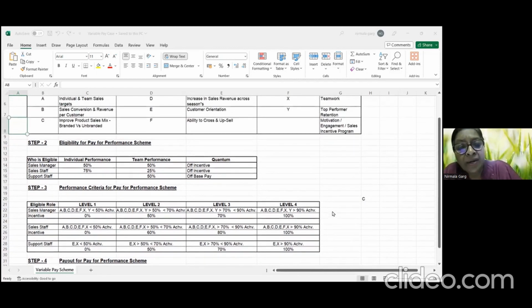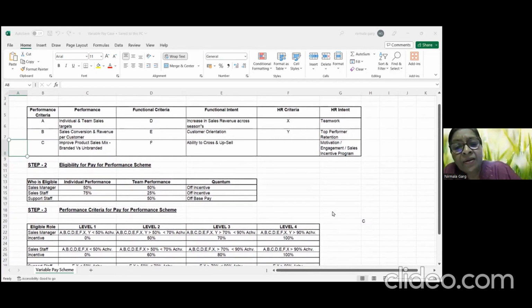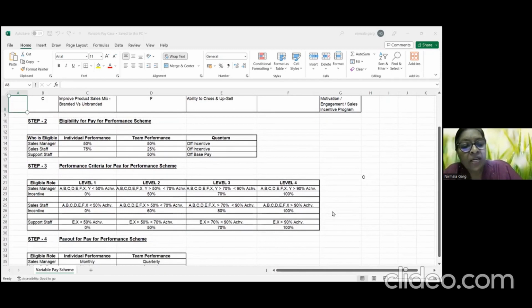So if I have done functional criteria, say A, B, C, D, E, F, and I have achieved less than 50%, I will get this much amount, or 0 amount. If I have achieved more than 50% but less than a certain level, so you create your categorization, okay? And give them the incentive. That way you are creating that criteria for all the eligible people.